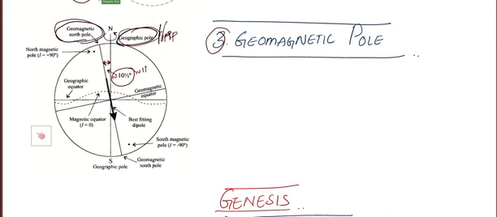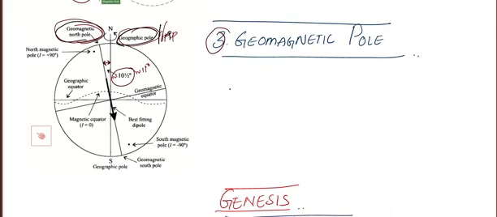This is the geomagnetic north pole, this is the geomagnetic pole line, and this is the axis of the earth or geographic pole, which is inclined at 10 and a half or 11 degrees.